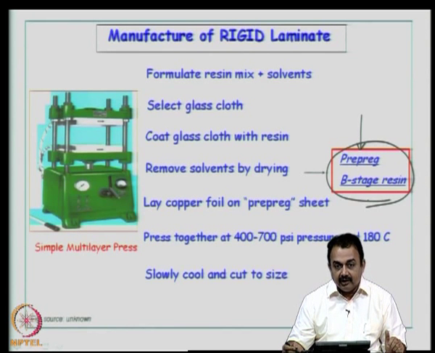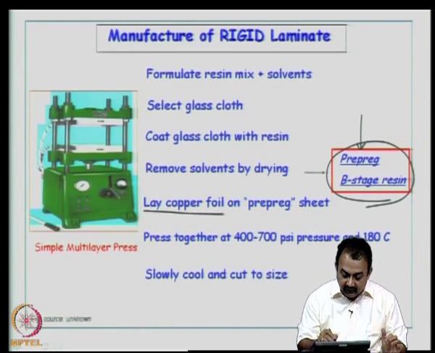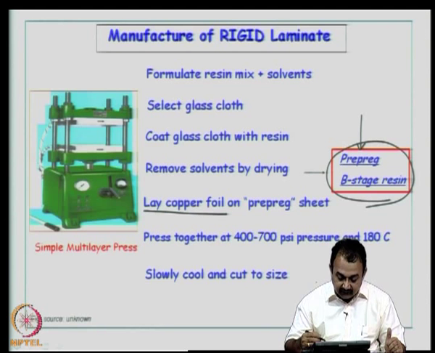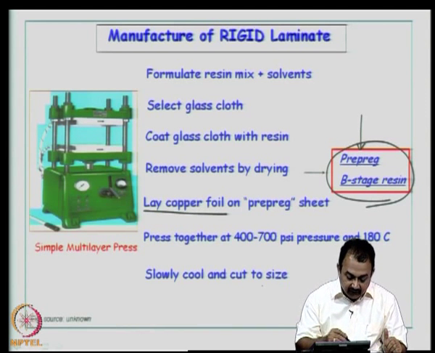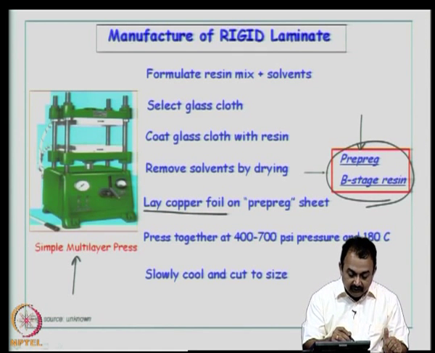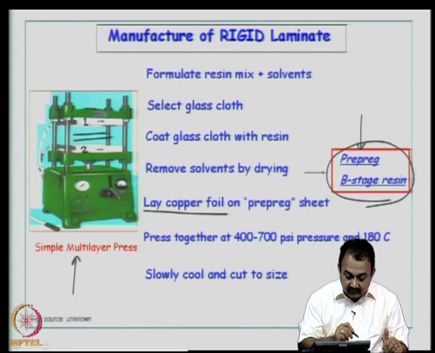Now, on this prepreg you are going to use copper foils, that is, you lay the copper foil on the prepreg sheet, top and bottom, let us say, and then put it in a multilayer press. What you see here is a picture of a simple multilayer press. So, here in this area between the plates, plate 1, plate 2, you will keep your laminate structure.